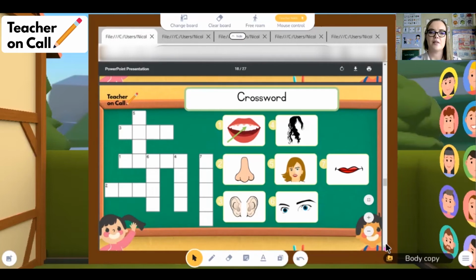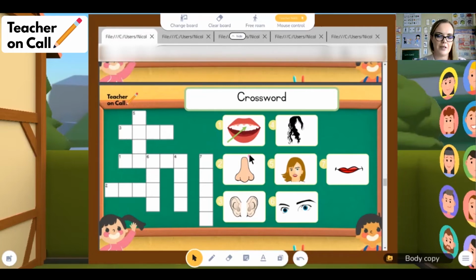Moving along, I have a crossword for you. So you've had to write the words out a few times by now. So try to do this from memory. See what you remember. I've given you the number on each picture, and that number is in the crossword. So what do you have?